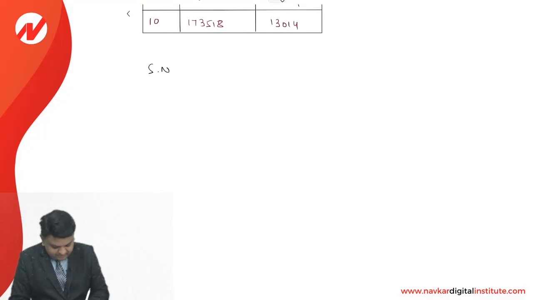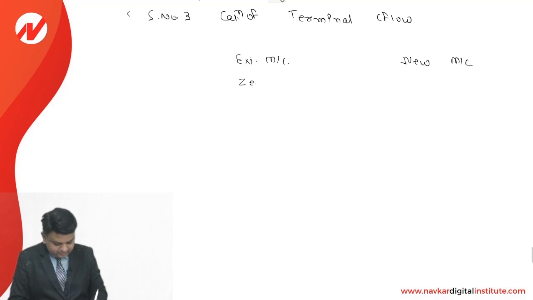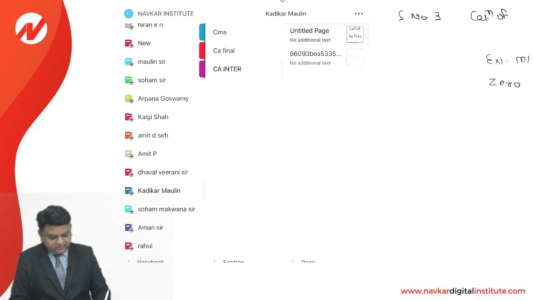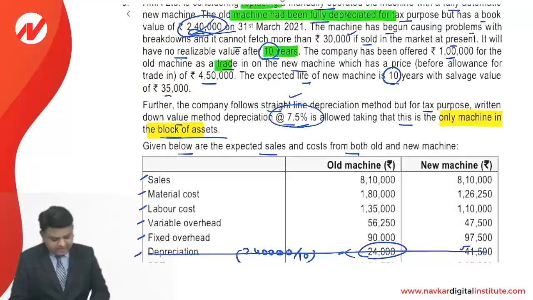Then step number 3, calculation of terminal cash flow, for existing machinery and for new machinery. As far as existing machinery is concerned, it is 0, because right now you can fetch an amount of 30,000, but if it is sold after 10 years, it will have no realizable value.